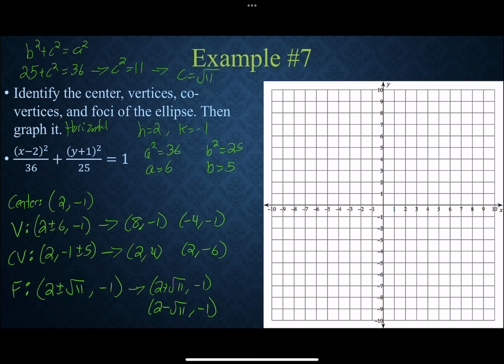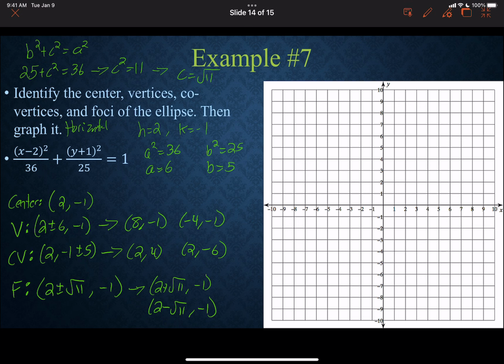Because you can't actually combine them, you're also welcome to just leave it in the plus or minus format, similar to what we would do with the quadratic formula, where you would have the plus or minus in there. Obviously, if c was an integer, then you can give me two actual coordinate point answers. But a lot of times you'll find c would be a radical for these graphs, so that's another reason why we don't worry about plotting them.